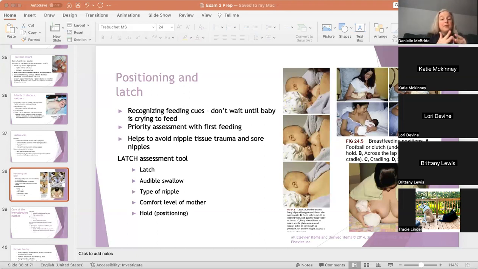And so we actually want the nipple to be a little bit past where the hard palate is so that when the baby's tongue is putting pressure on the tissue, it's not causing firm compression that can cause blisters and bleeding and cracking and stuff like that. And so we need to be assessing this latch from the very first feeding, because if we don't have a proper latch, even from the very first feeding, we're going to get tissue trauma and it's going to be harder to set this mom up for success with breastfeeding.